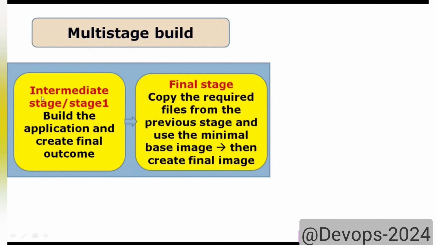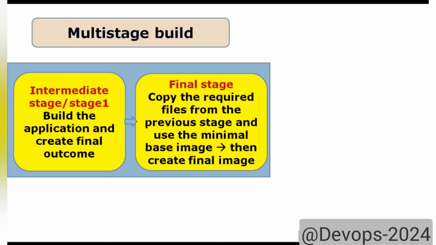The first stage we can call the intermediate stage, or stage 1. The second stage we call the final stage. In the first stage, we do the build and generate the final outcome, which is the deployable file. Earlier we used two Dockerfiles, but now in one Dockerfile we create the two stages. We'll see an example.